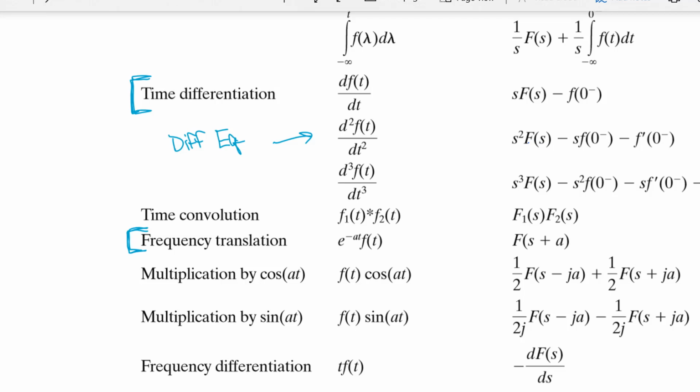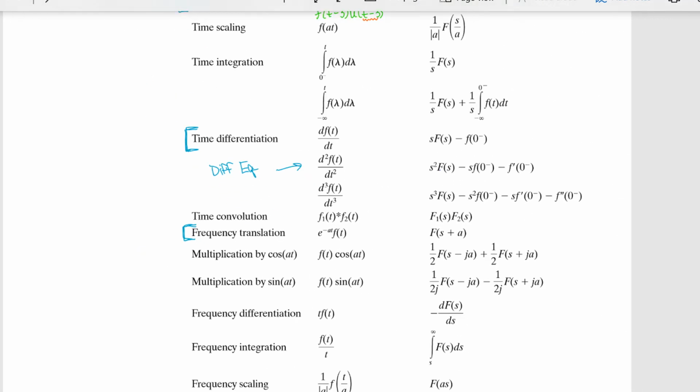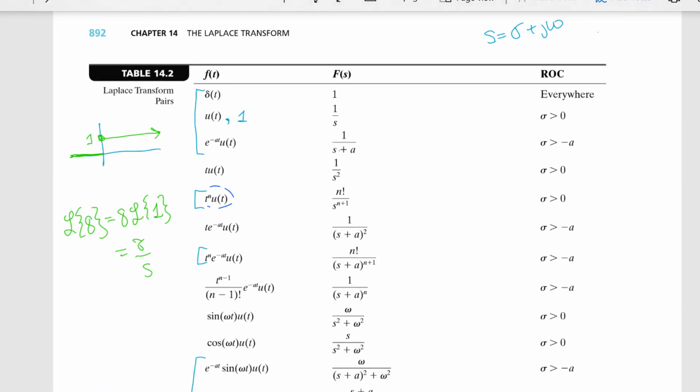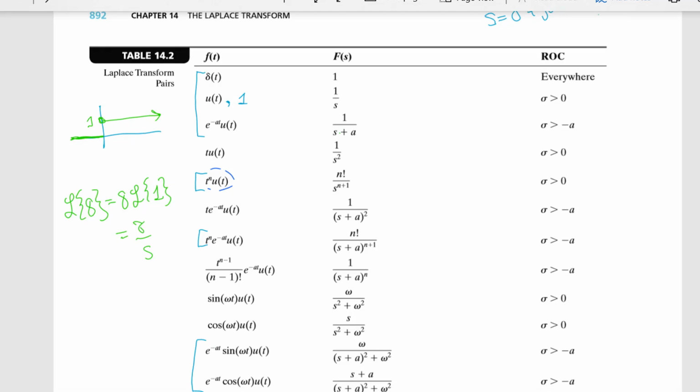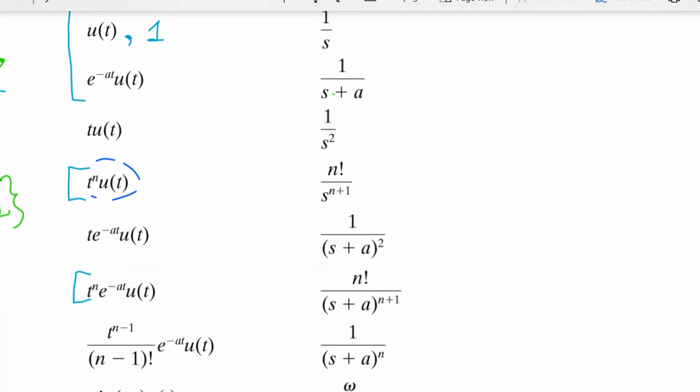So when you look at this table of all of the Laplace transforms, so we're in the S domain, look at our denominators. So I have S plus A, S squared.